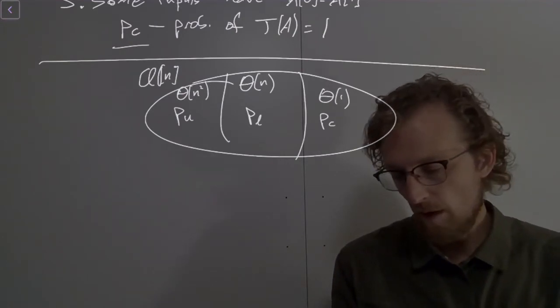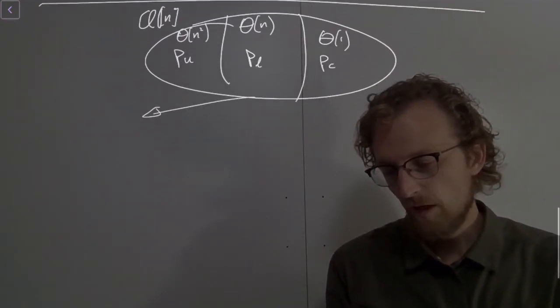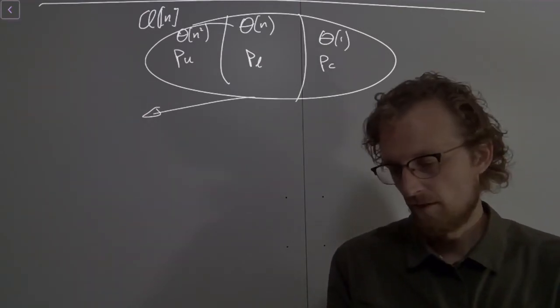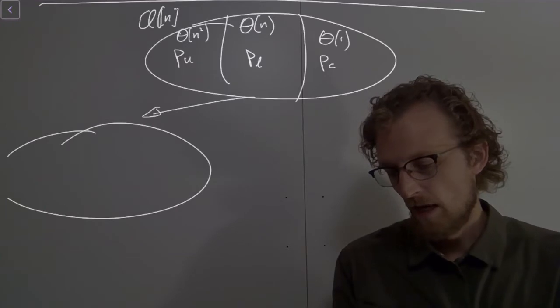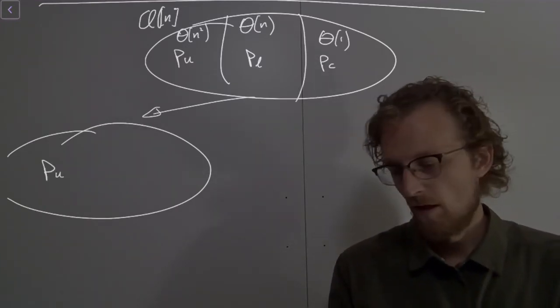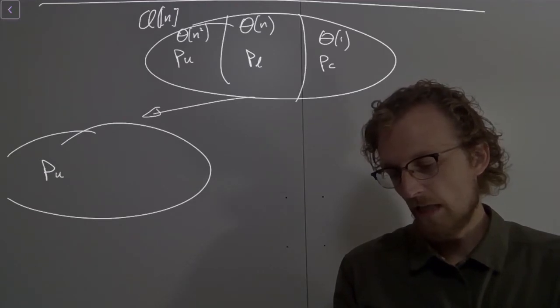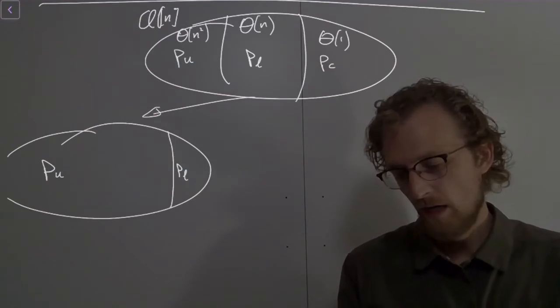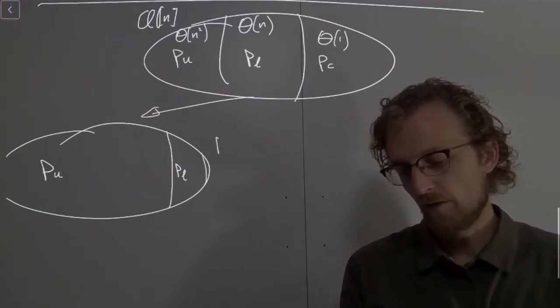So first, let's think about what happens if our space of inputs really looks like this. What if our space of inputs has almost all unique elements, then some linear time inputs, and then some very tiny sliver of constant time inputs?